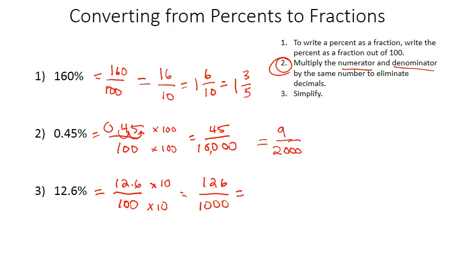So 126 divided by 2 would be 113, and 1,000 divided by 2 would be 5,000. Oh, hopefully you caught my mistake here. 126 divided by 2 is not 113. It is 63. So it'll be 63 out of 500.